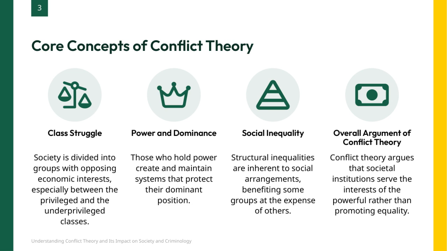This leads us to social inequality, which is seen as built into the very structure of society. Certain social arrangements inherently benefit some groups while disadvantaging others. Putting it all together, conflict theory argues that social institutions don't work to create fairness across the board. Instead, they tend to serve the interests of the powerful, maintaining inequality rather than reducing it. This perspective really challenges us to see who benefits from the way society is organized.